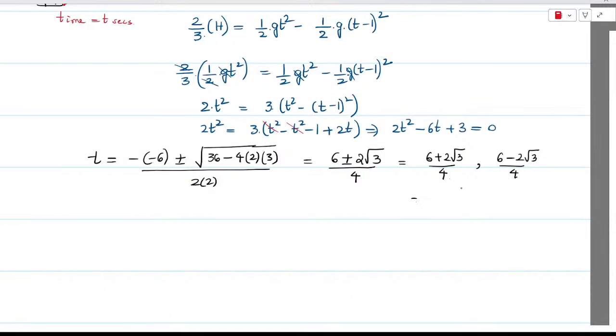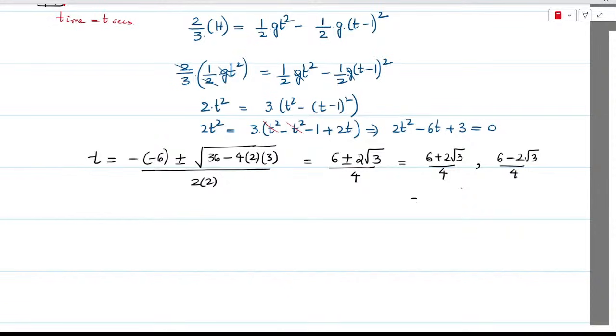So 6 plus 2 root 3 by 4 is a value that is greater than 1, as we are going to calculate the time for the last 1 second. The total time taken to cover the height h has to be more than 1.